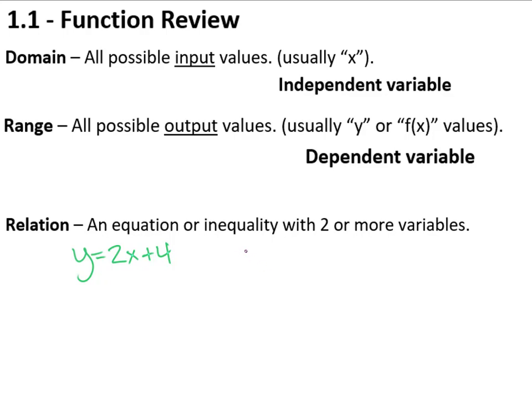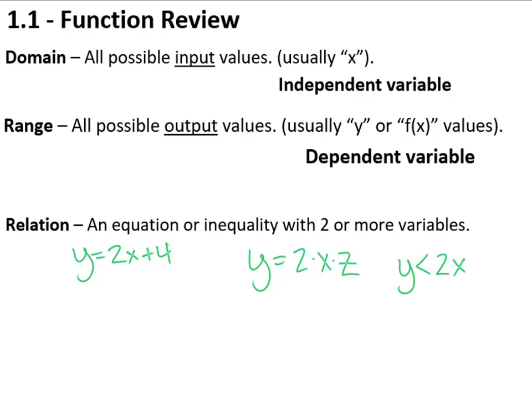It could be something a little more complex, where we have multiple variables, y equals 2 times x times z, etc., where we have more than one variable, but there is a relation defined between x, z, and y, that y is equal to double the x and z multiplied together, etc. So a relation has to be an equation. It could also be an inequality, like y is always less than 2x, etc. Okay, so this would be a relation.